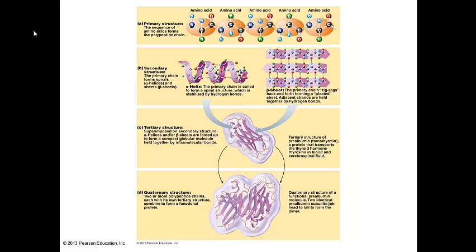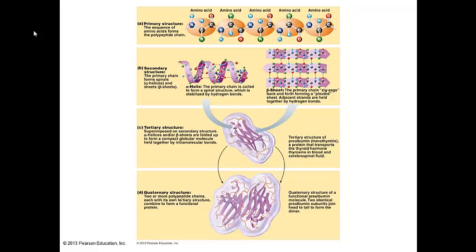What else can denature a protein? Acids, bases, pH. That's why pH is so important in us, because we make certain proteins that have certain active sites that do very specific jobs. A lot of them are called enzymes.